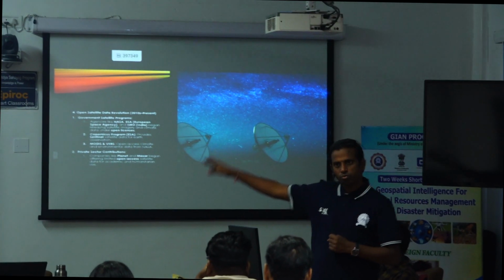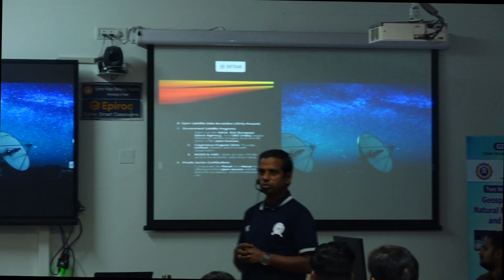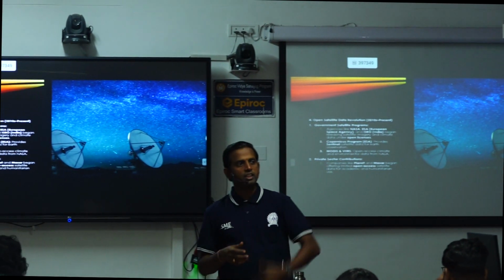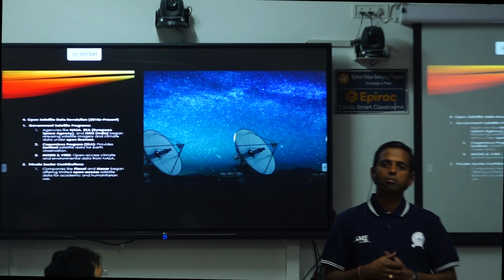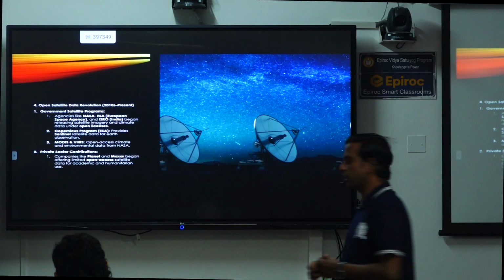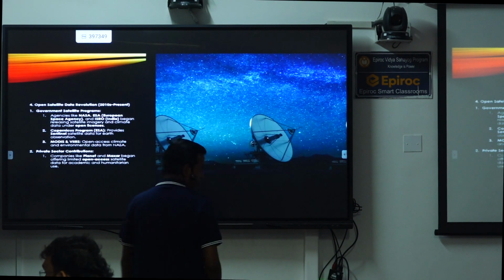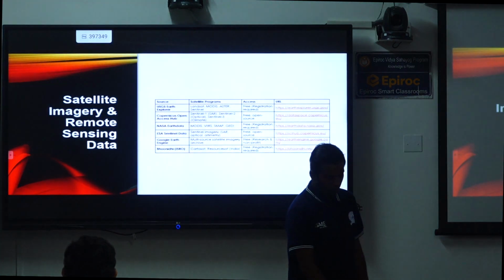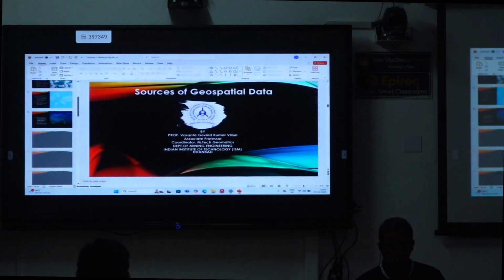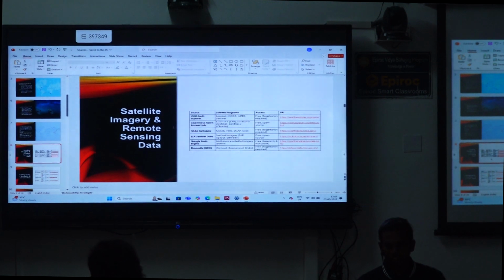Okay, now from the period of 2010 to 2012, various sources of satellite images became freely available, which can be adapted for various applications. Now we will see one by one the various sources where we can download the data.